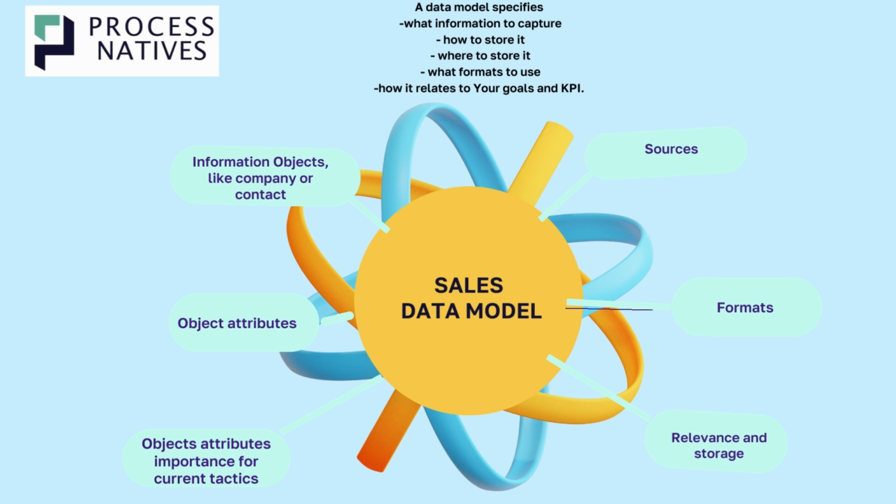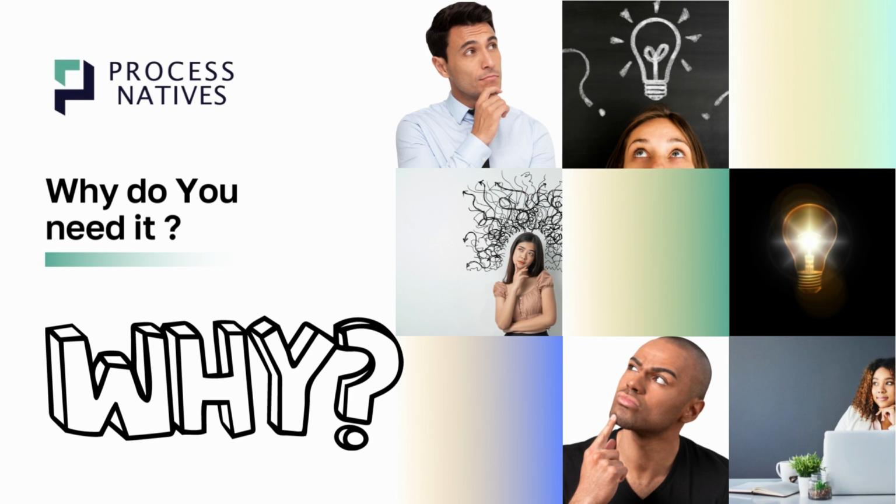So in order to understand the sales data model, you need to grasp information objects like company or contact, those objects' attributes, their importance for your current tactics, sources of data, different types of formats your CRM is offering, and relevance and storage. Let's discuss why you need it.